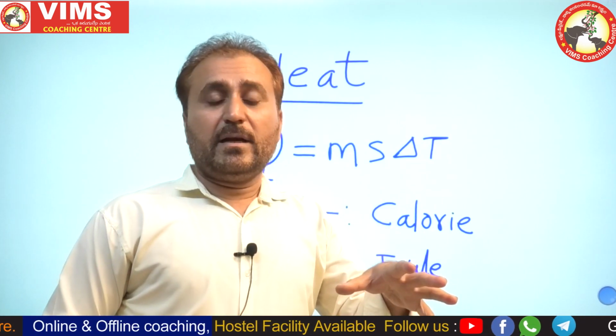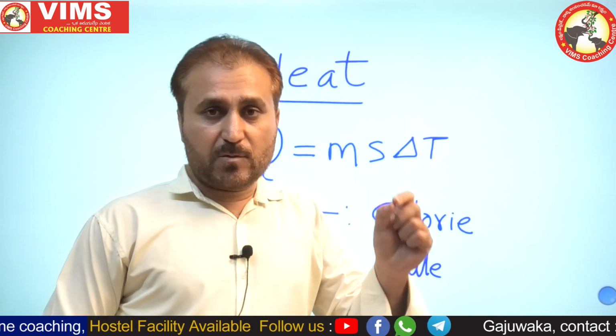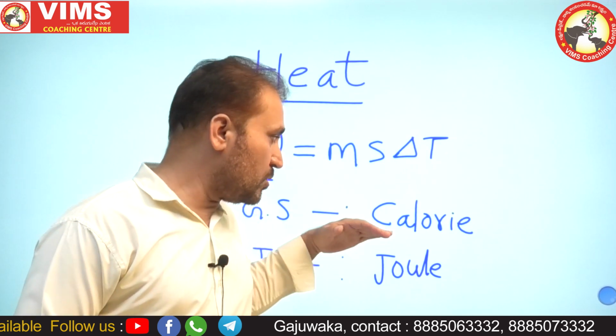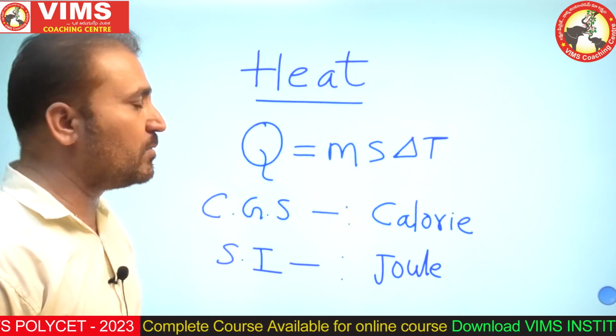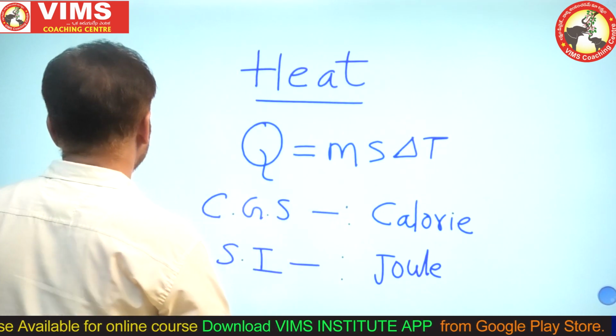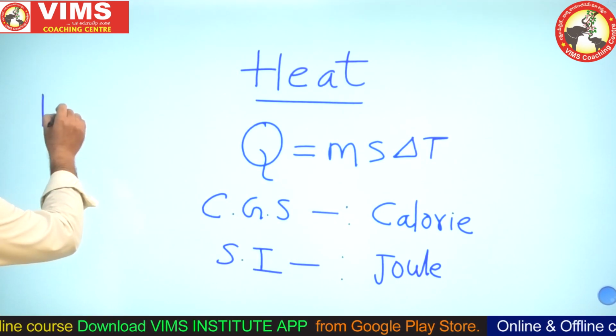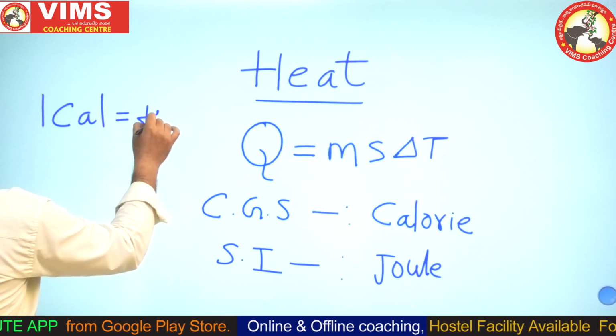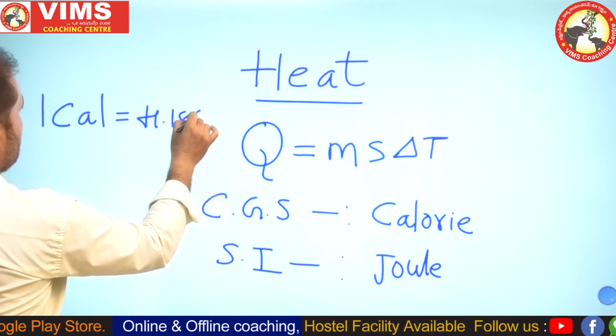All the physical quantities in physics should be expressed in CGS as well as in SI, and we should also know the relationship between calories and joule. So let us see the relationship between calorie and joule. 1 cal can be written as 4.186 joule.